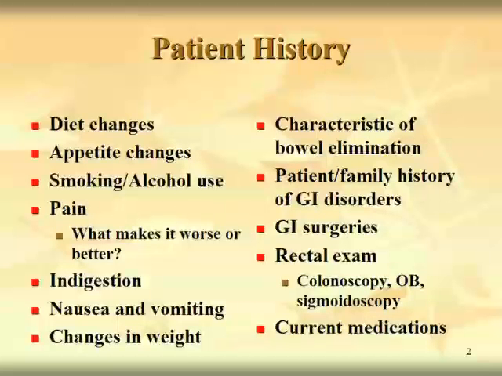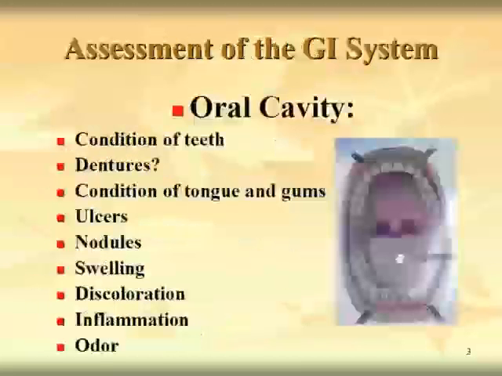Family history of GI disorders, any history the patient has had of GI surgeries, and findings from rectal exam, either by objective assessment, or it could be by particular tests that the patient has had to examine the rectum and also the large and small intestine. Lastly, it's important to include what medications that patient could be on that could be affecting the GI system.